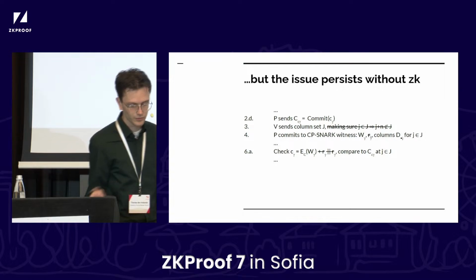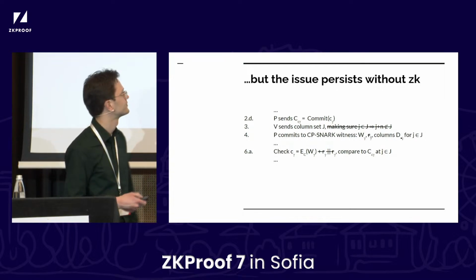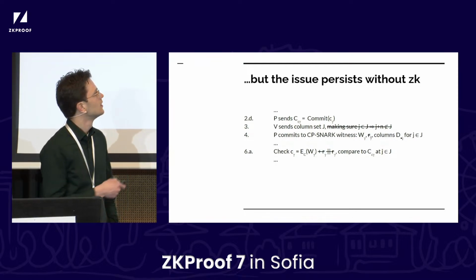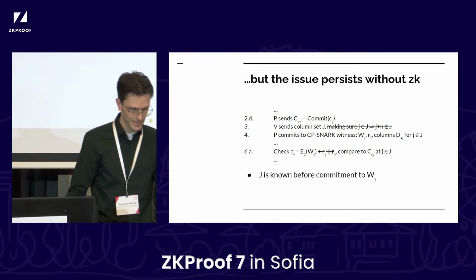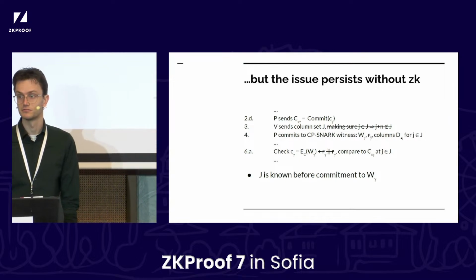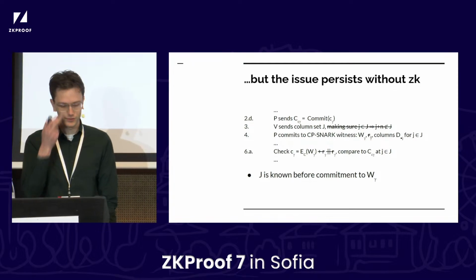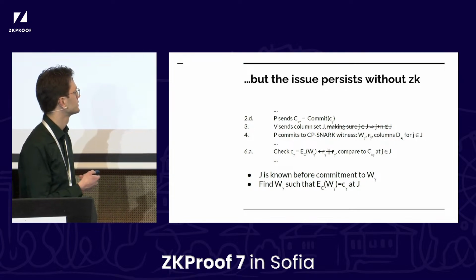So even if we remove the zero knowledge, then this condition that we have reduces to just the check that the encoding of the random linear combination of the witness matches the commitment, but we still have the same issue. So the column set J is known before the witness, before this W gamma is selected by the prover, and so the prover just has to solve this linear system here.